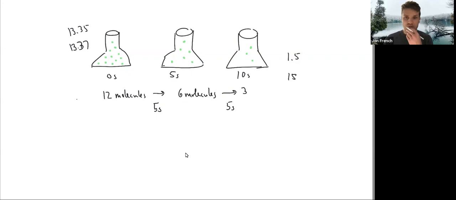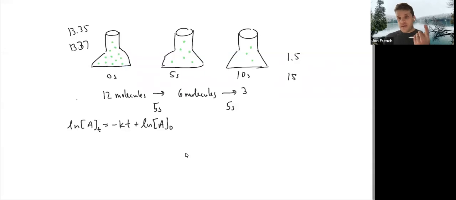So for this one, we have to plug the information into a calculation, essentially using the integrated rate law for a first order reaction. So we know natural log of concentration at time t equals negative kt plus the natural log of A at time 0.